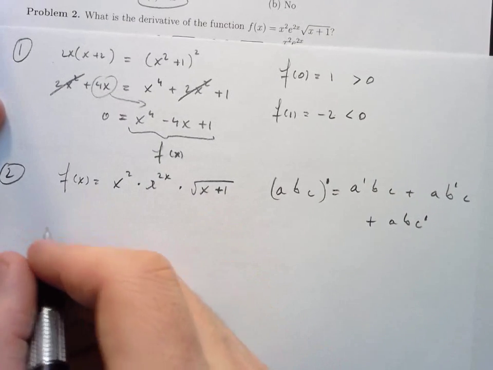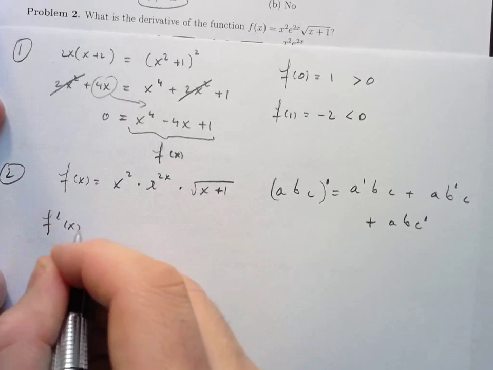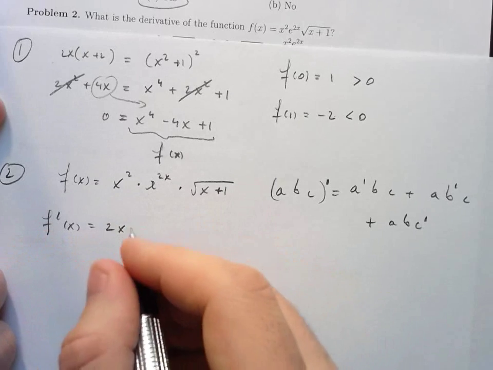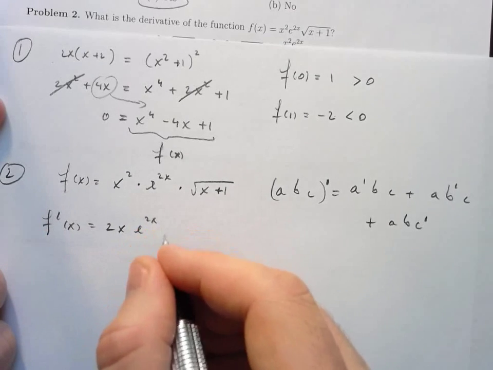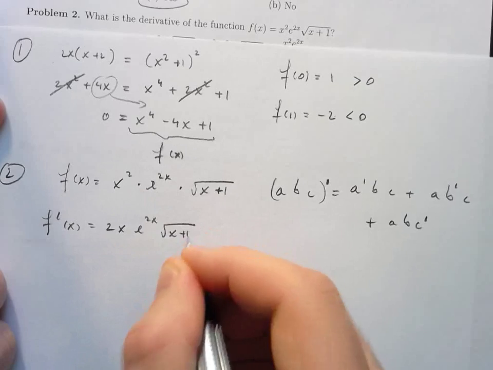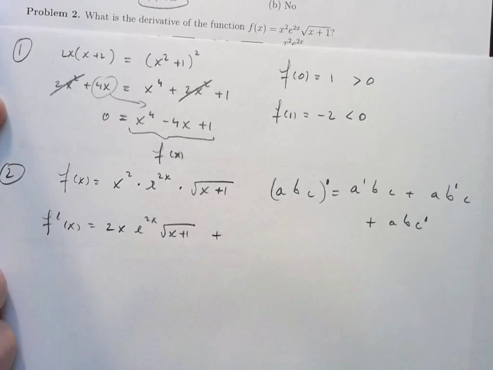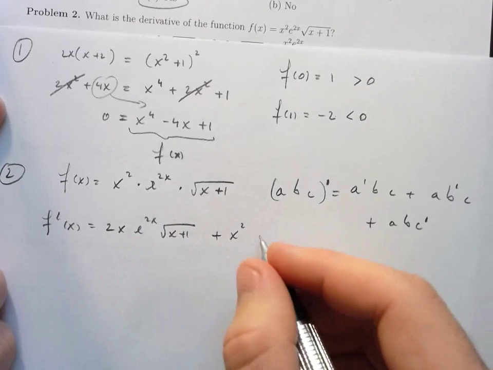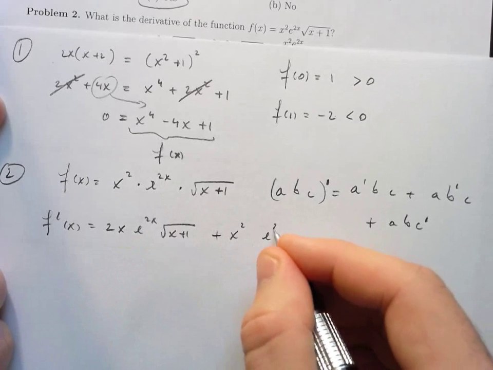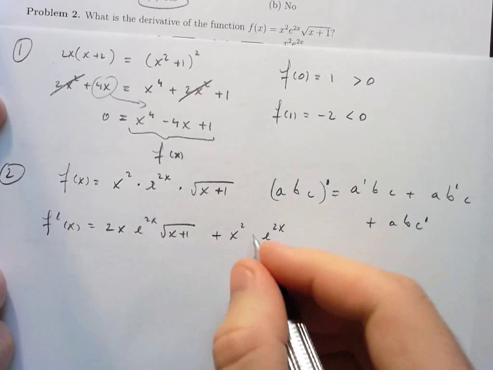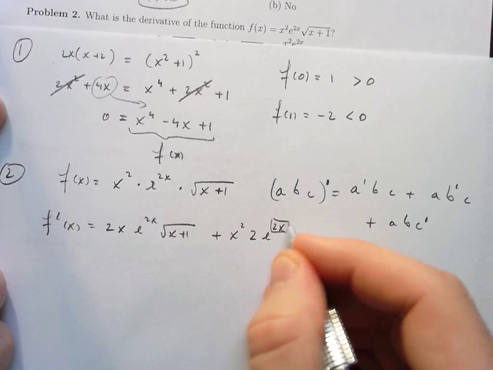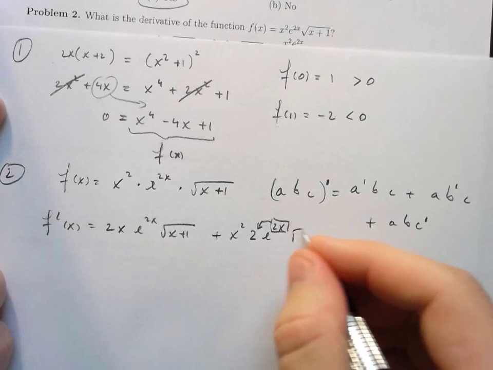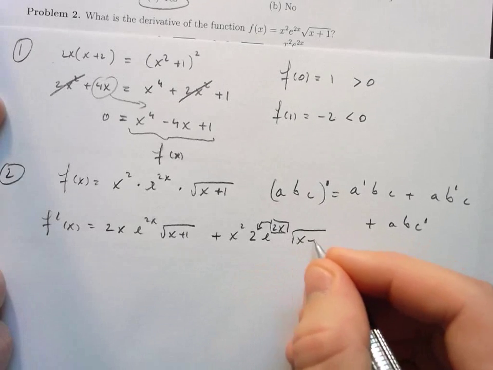The derivative of the first is going to be 2x, and then I just copy down the remaining, e to the 2x square root x plus 1 plus, now I keep the first unchanged, but I take the derivative of the second function, and this is an exponential, so that's e to the 2x, but I also pick up an extra 2, which is the derivative of that exponent, right? And then I copy down my third function unchanged.